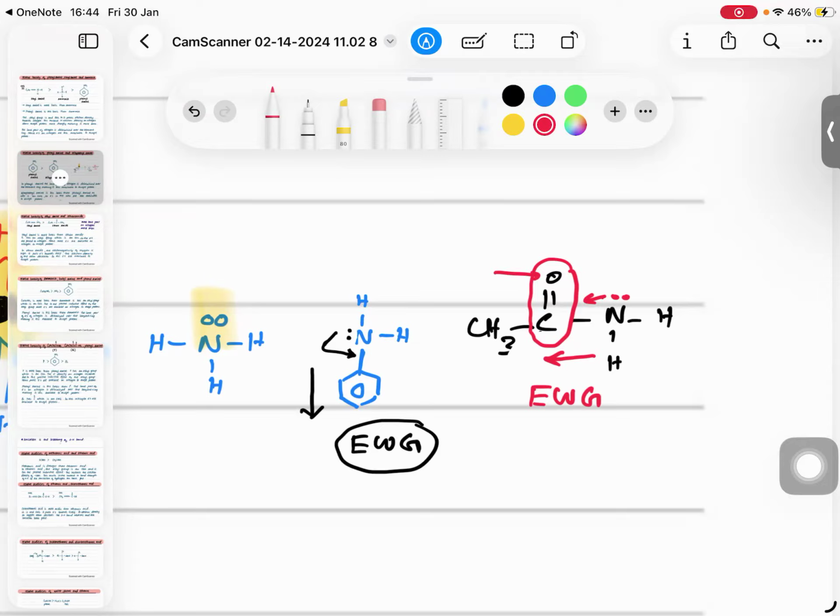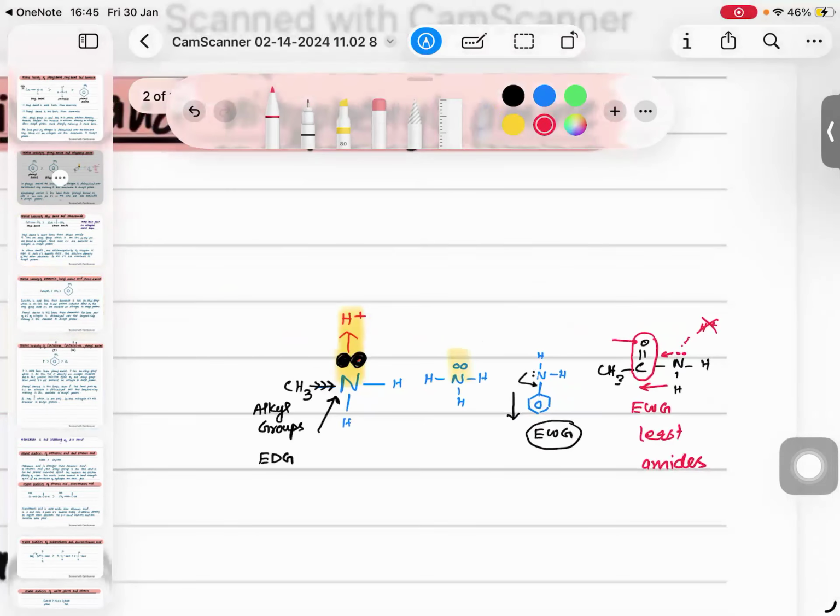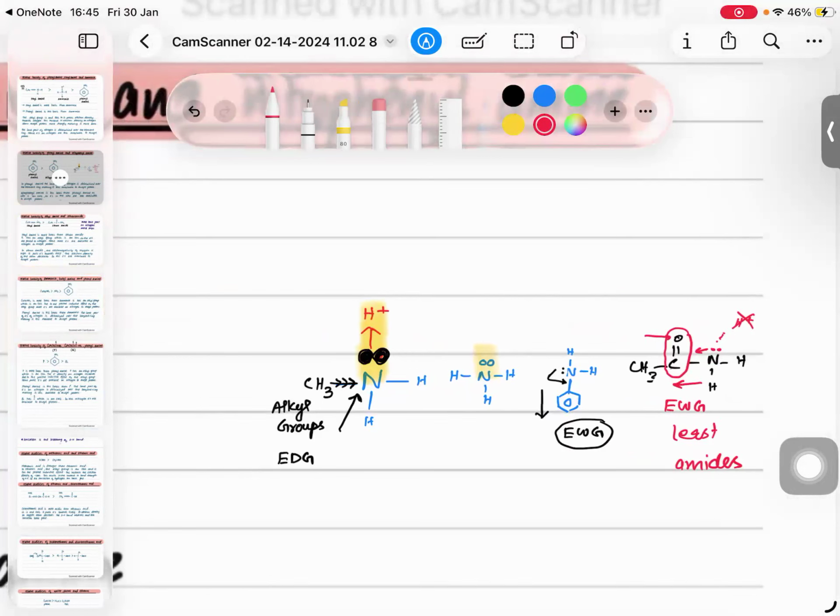So almost leaving nitrogen out of electrons. Now it cannot accept even H positive, so hence it is the least basic. So amides are the least basic, even less than ammonia. Why? Because of the C=O.